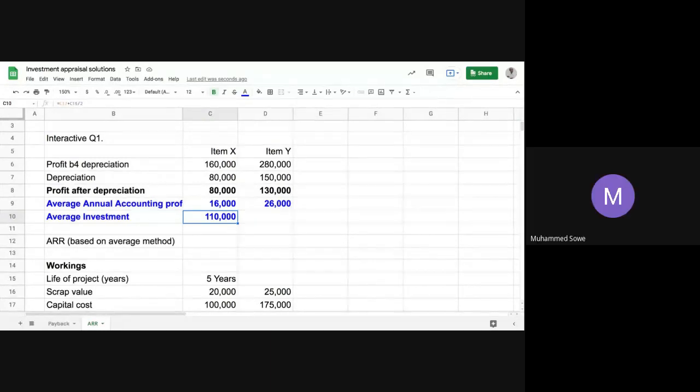Zavona, explain please. Is this correct? The average investment. It's not correct because of the formula.